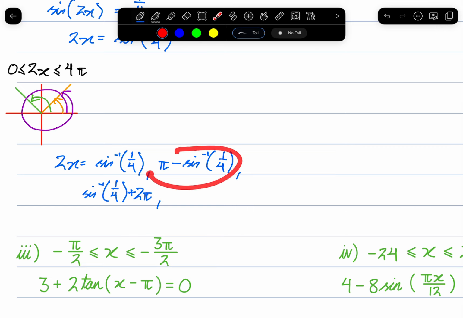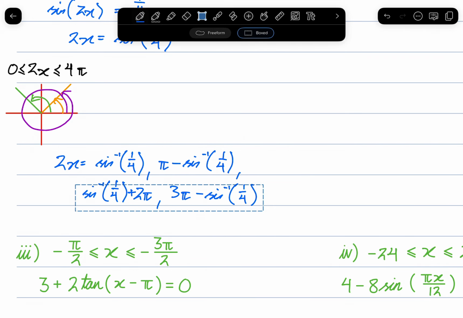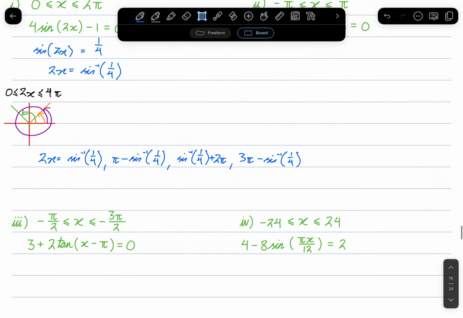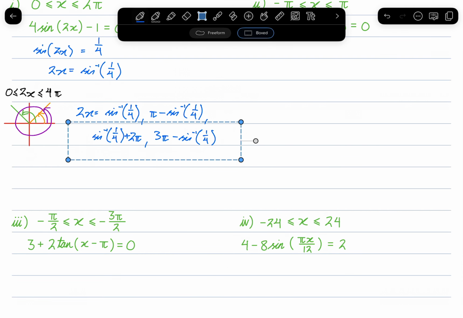And it's going to be this one as well. I'm going to add 2 pi to this one to get the next revolution. So I hope you can see that's going to be 3 pi minus sine inverse of 1/4.